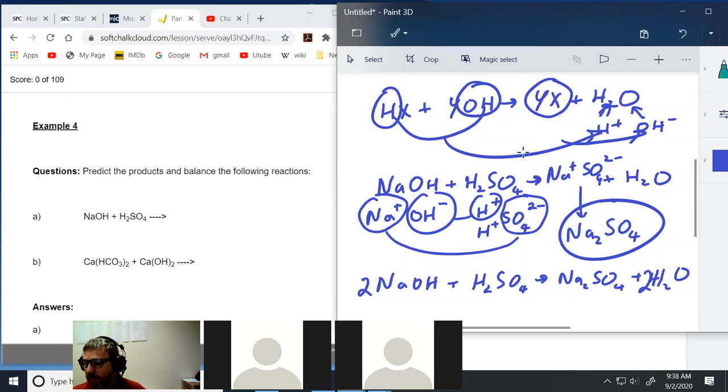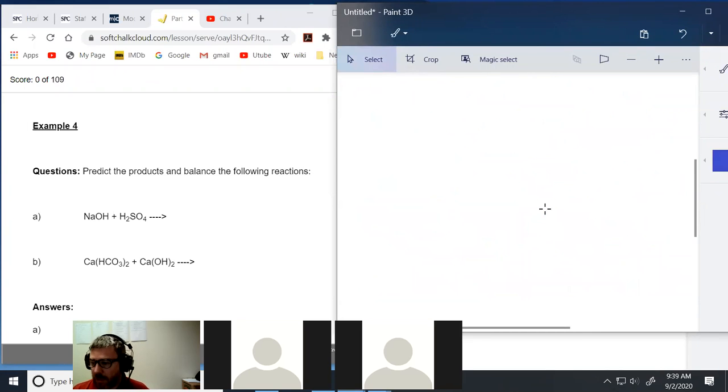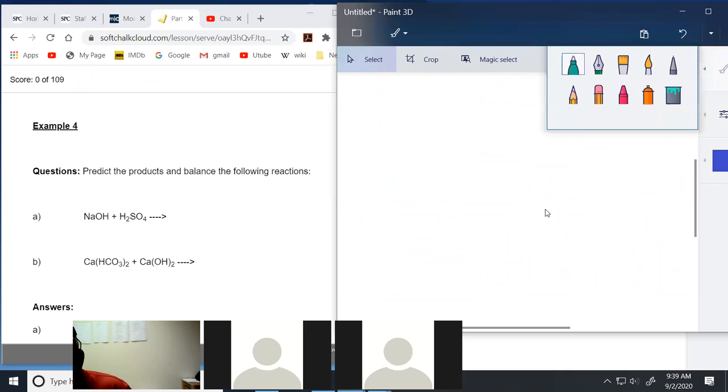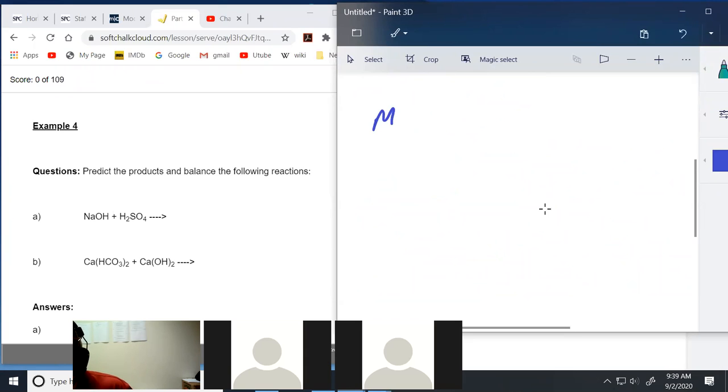All right. I'm going to do another example here. Let's see, something a little bit more difficult, say something like this. All right, so this is a really good one to do.